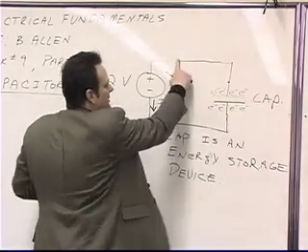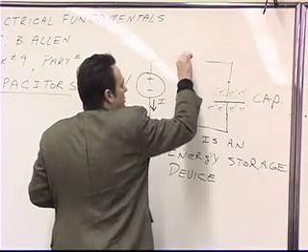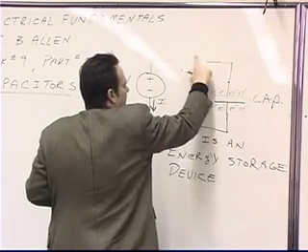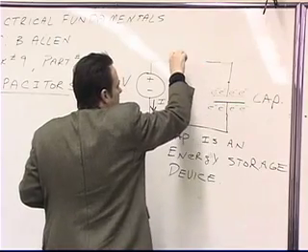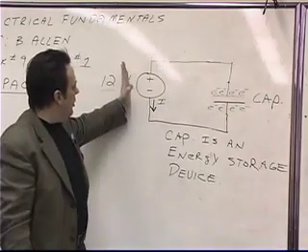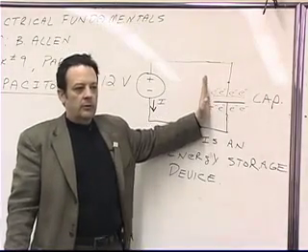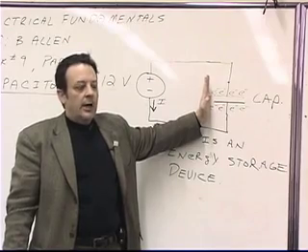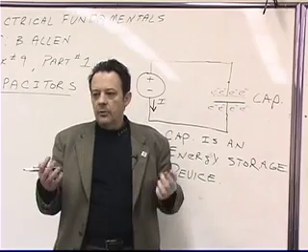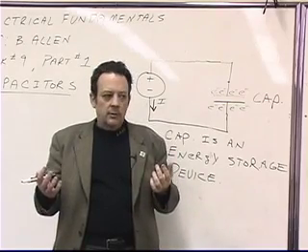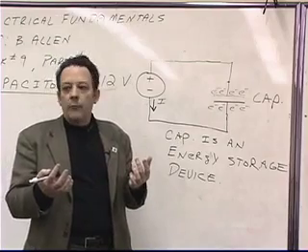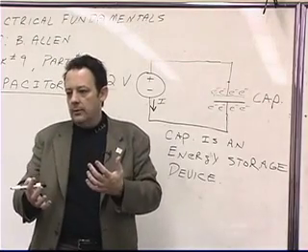So at the instant that the switch closes, the switch goes from an open position to a closed position, at the instant that that switch closes, we have 12 volts here and 0 volts here. Okay? And so things are not in equilibrium. Right? In other words, they're not balanced. And so nature, or physics, has a way of wanting to balance things out real quick.